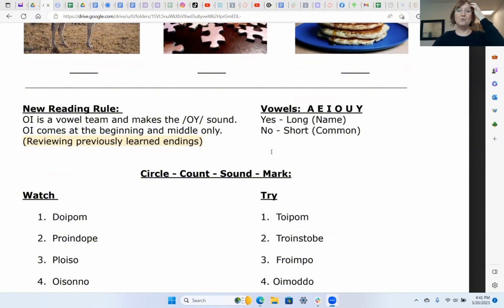So our new reading rule for the day is OI. OI is a vowel team, 2 vowels that make 1 sound. Also a diphthong. So a diphthong is a technical term for a vowel sound that changes sound from the beginning to the end of it.